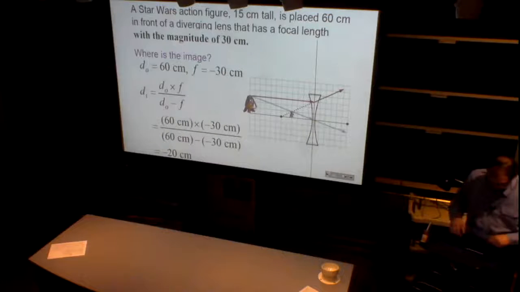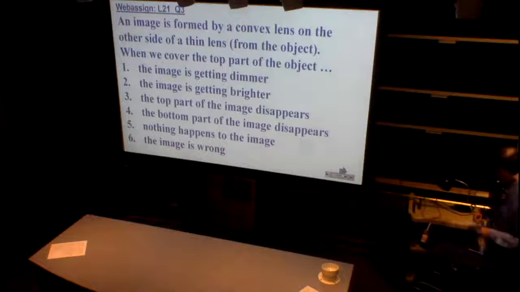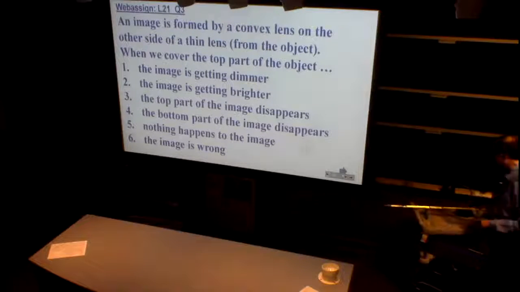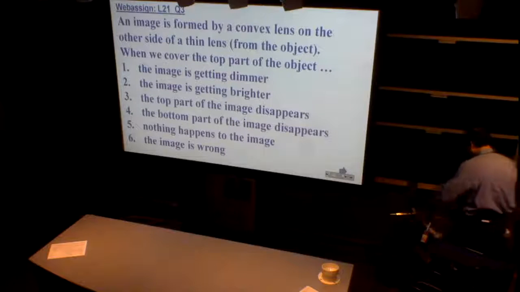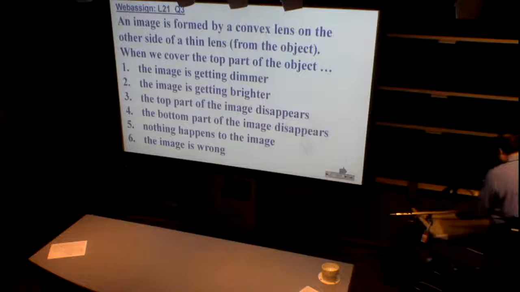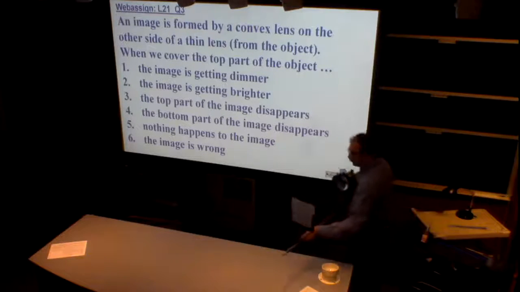All right, so question. Here I have a setup similar to the one you've used or will use in a lab. It's basically a source, a lens, a screen. That's it, nothing else.